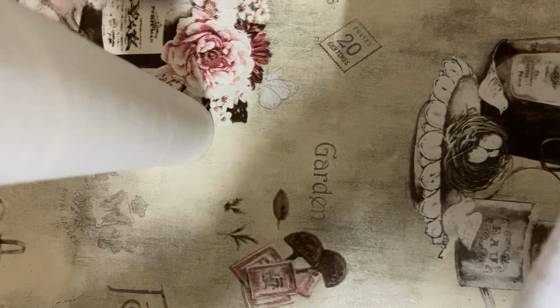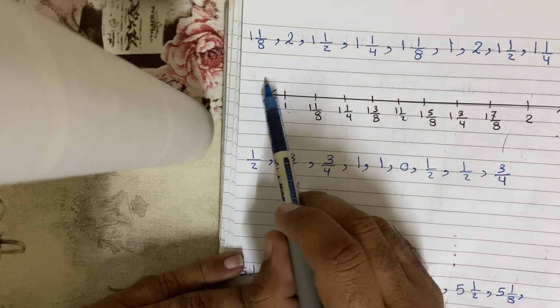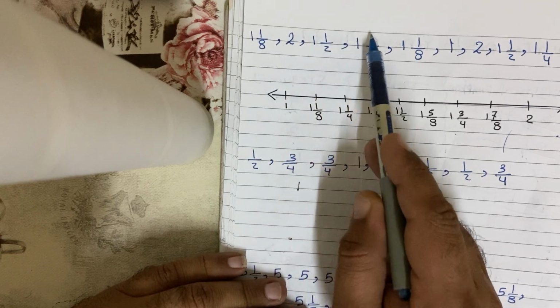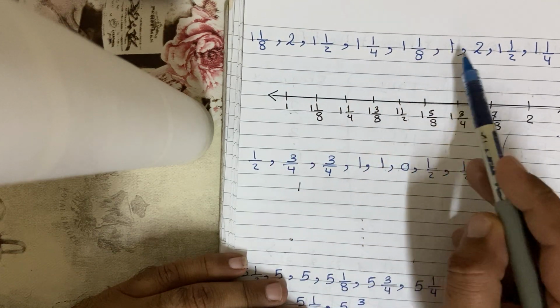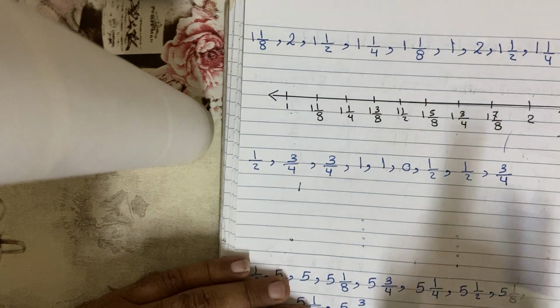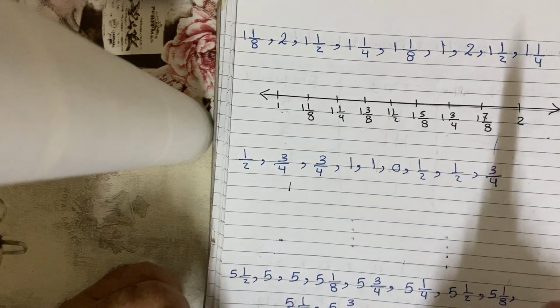Another exercise. We have 1 and 1/8, 2, 1.5, 1.25, 1 and 1/8, 1, 2, 1.5, 1.25. And he already again drew the line plot for me.